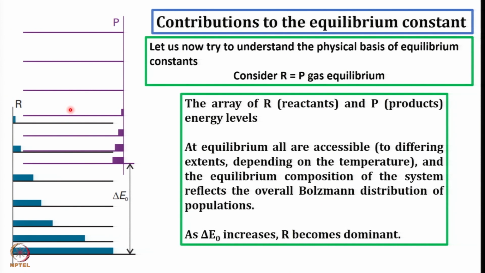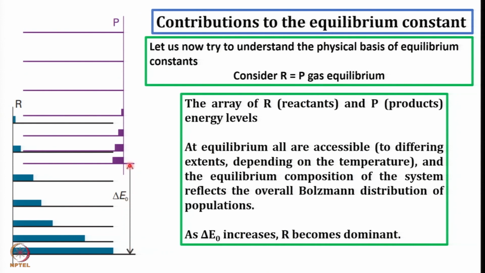These n molecules will distribute in this way, and this distribution is given by a single Boltzmann distribution. Now, the relative population of reactants and products is going to depend upon temperature as well as this separation delta E naught.